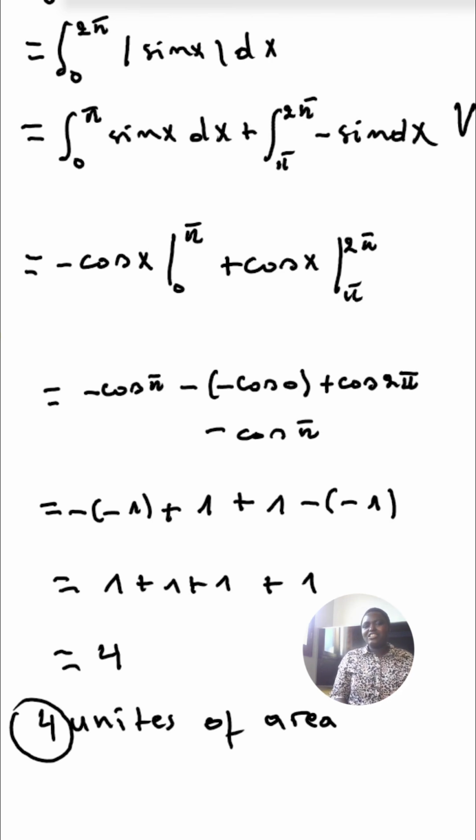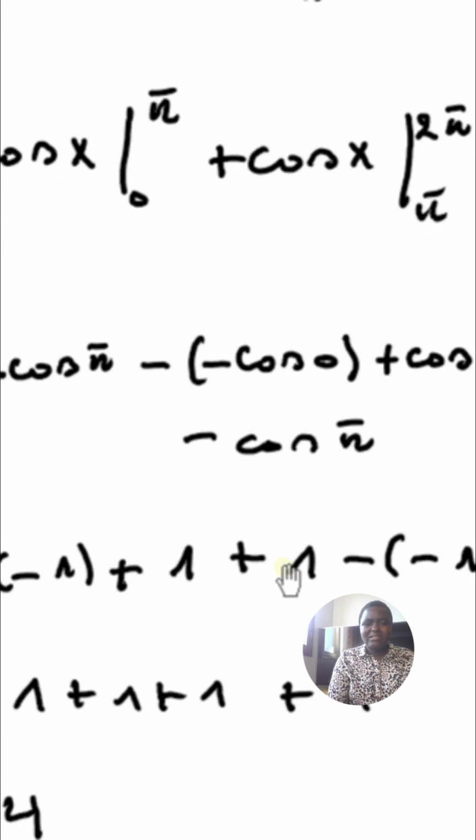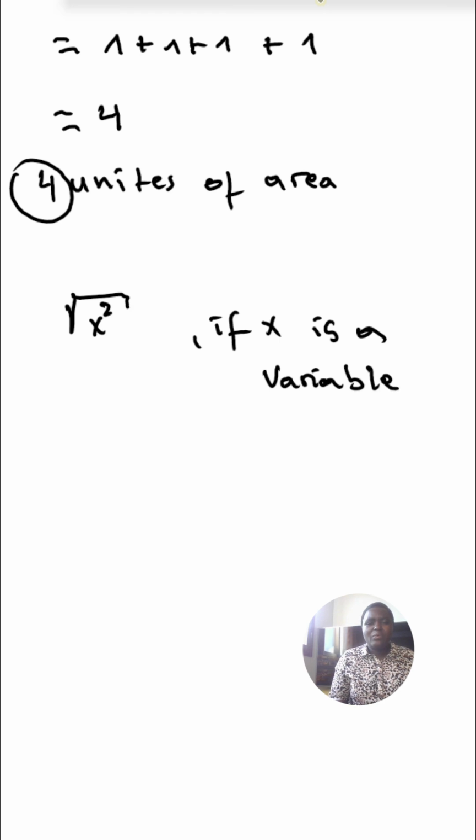In general, the concept is that when we are computing square root of x squared, and if x is a variable, the square root of x squared is not equal to x.